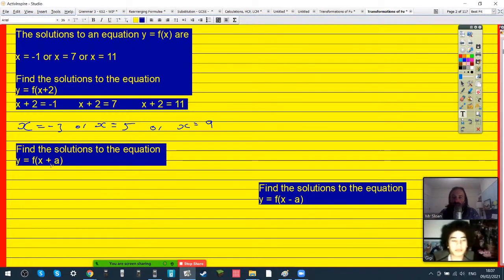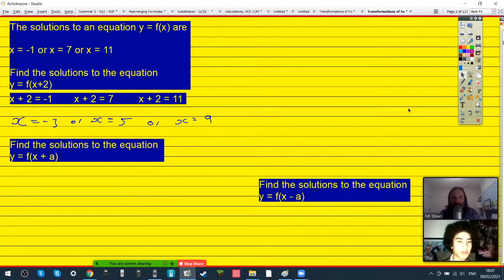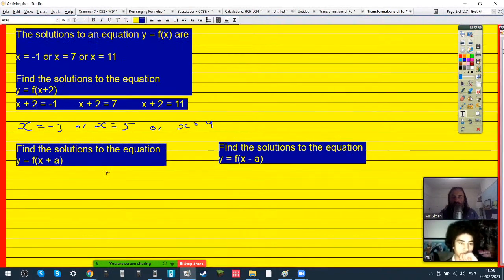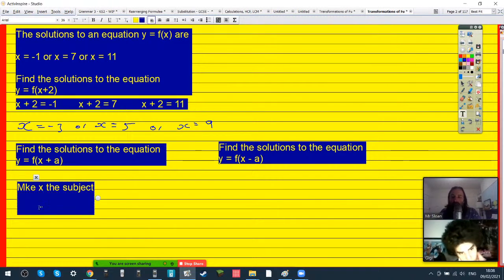And so what will happen if you have f of x plus a? If you had to make x the subject, x plus a equals -1.